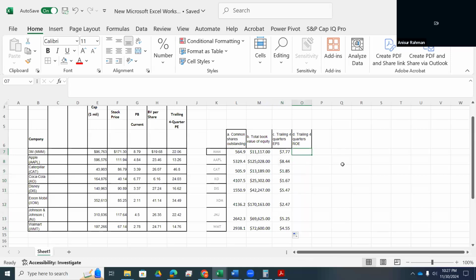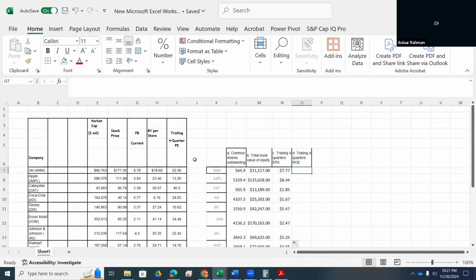Finally, trailing 4 quarters ROE. So what is ROE? Return on equity. So that basically means your net income divided by your book value of equity.